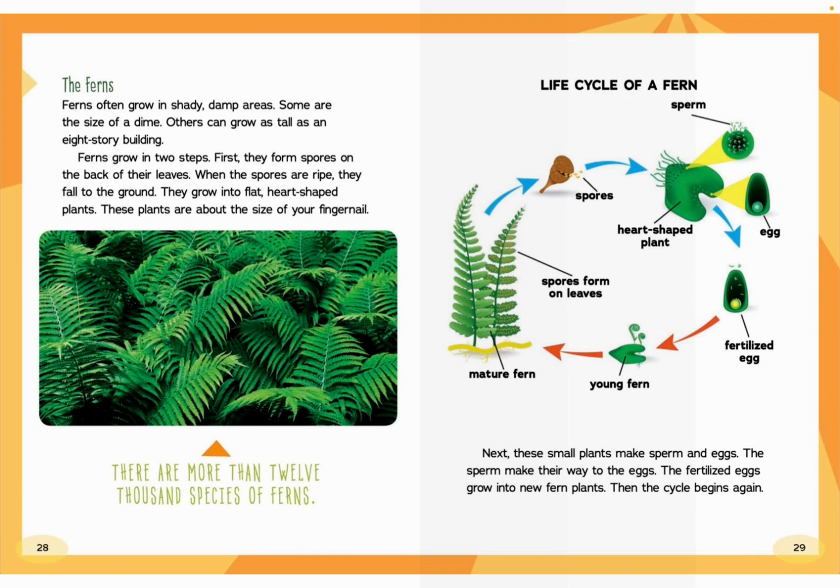Next, these small plants make sperm and an egg. The sperm make their way to the egg. The fertilized egg grows into a new fern plant. Then the cycle begins again.